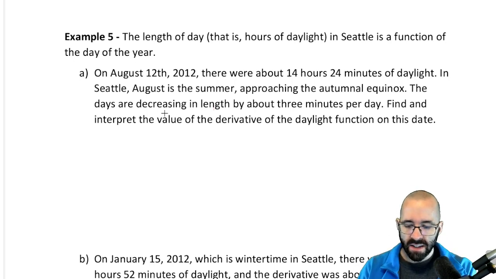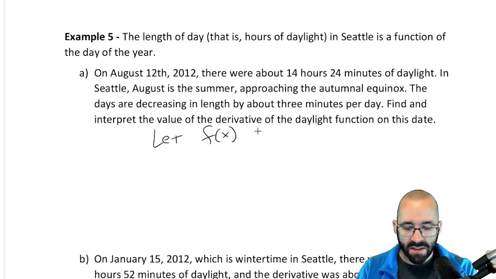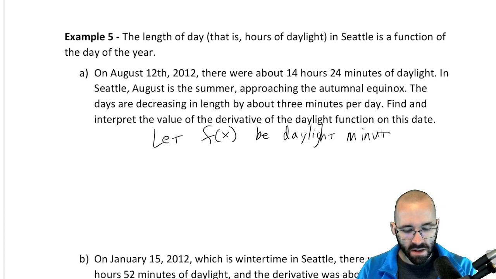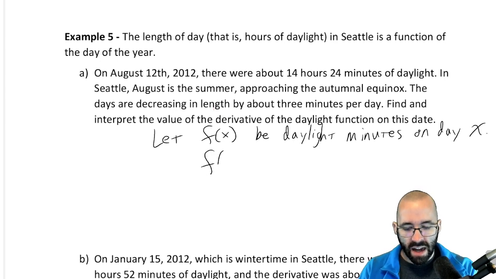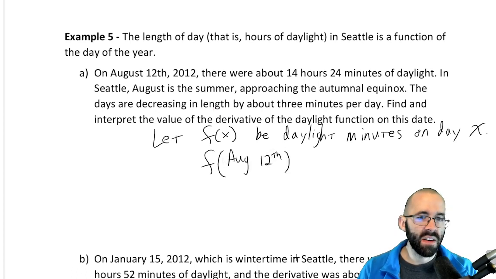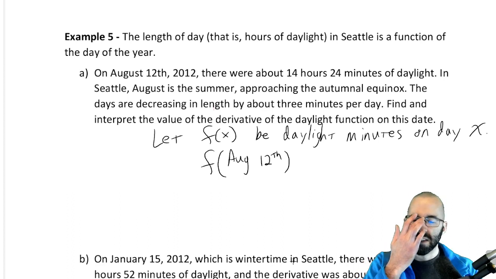Well, let's say f is the daylight function. Let f of x be daylight minutes on day x. x doesn't have to be a number; x can be other things.